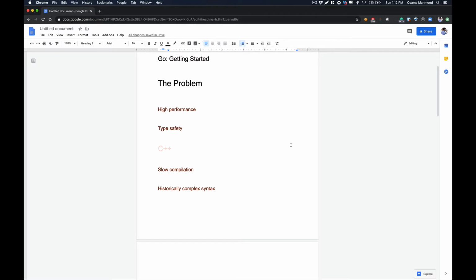The problem they were facing was that at the time Google was using three programming languages like Java, C++, and Python, and all three languages had their pros and cons. C++ had high performance and type safety, but on the other hand it had slow compilation time and a very complex syntax.